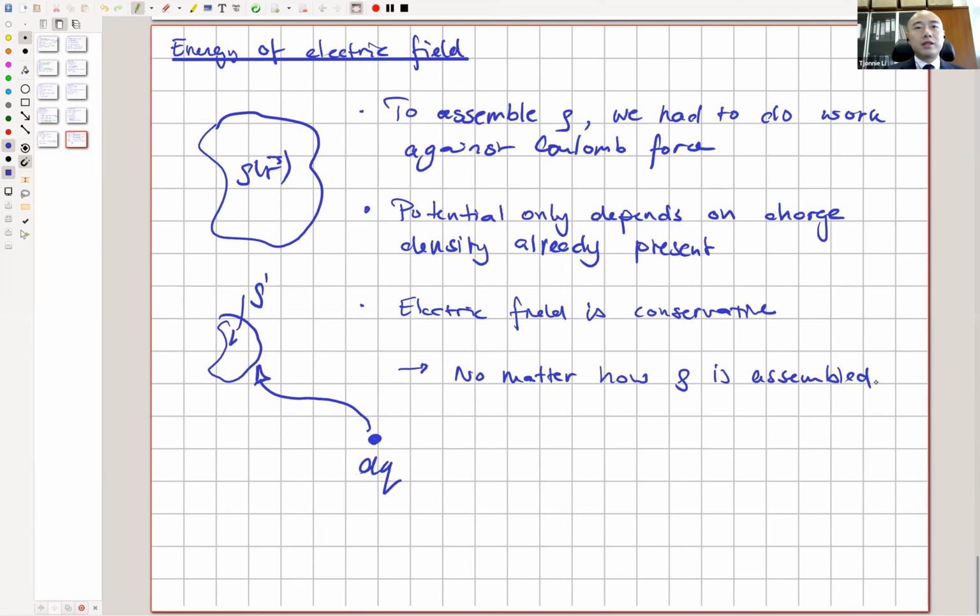Putting those two things together, it means that in the end, the final energy associated with this charge density only depends on the charge density itself, and not on how I did the assembly.